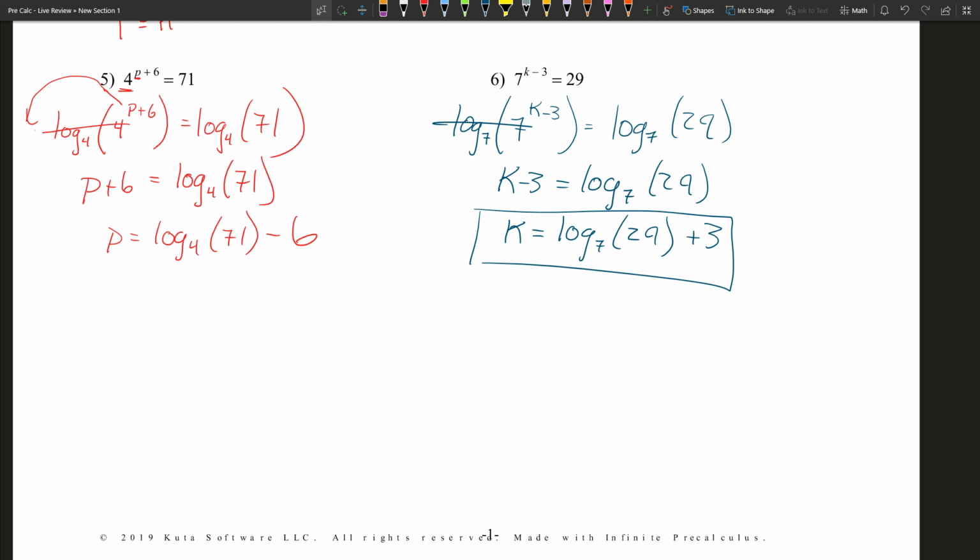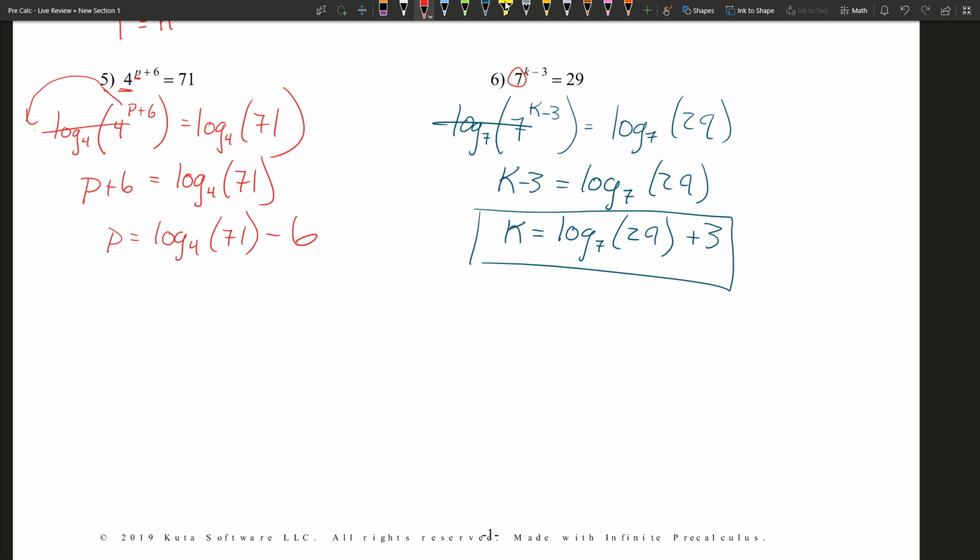The 7, why is the 7 gone on number 6? Okay. In order to undo this 7, I'm going to do this in a different color so you can see what I'm talking about. You have to take the log base 7 of both sides. When you do that, you have log base 7 of 7 to the k minus 3 is equal to log base 7 of 29.